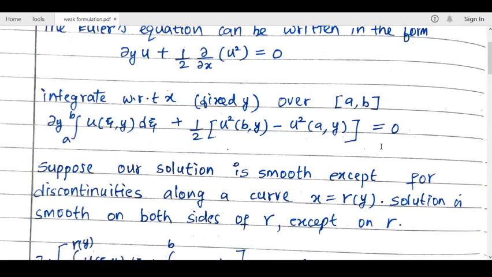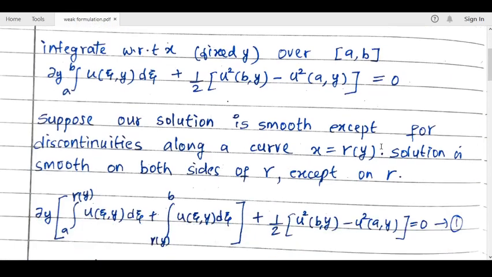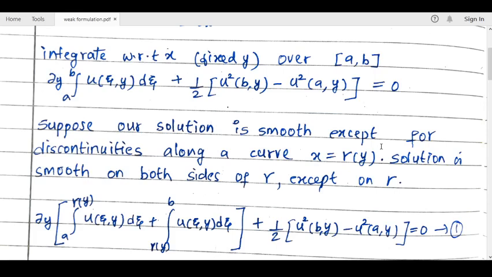Now suppose that the solution is smooth except where the discontinuities lie on the curve x equal to gamma of y. So suppose that the discontinuities lie only on this curve. On both sides of gamma it is smooth, but only on gamma are discontinuities present.